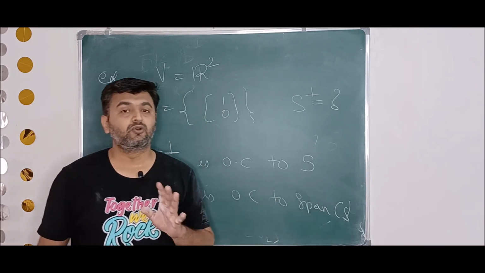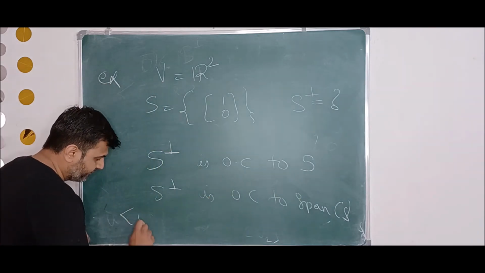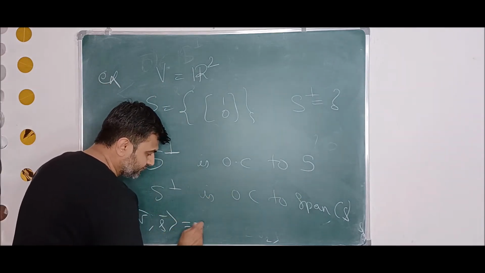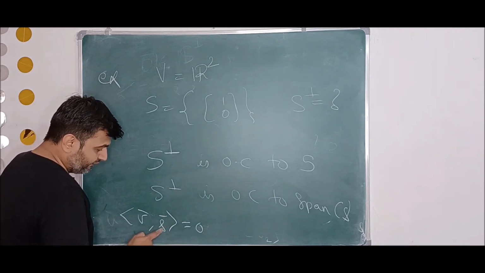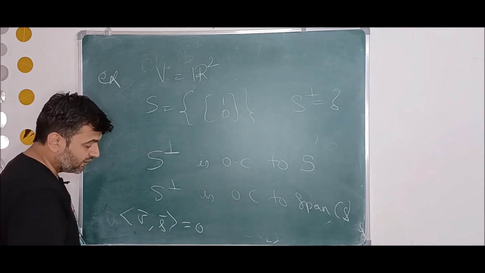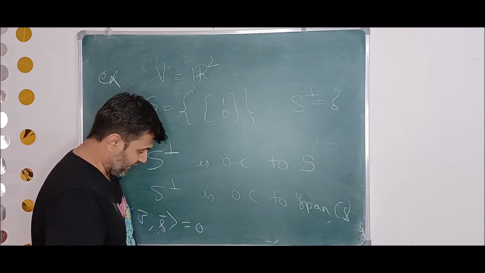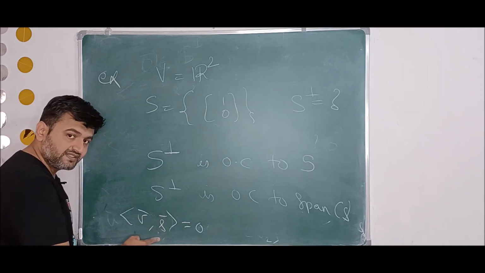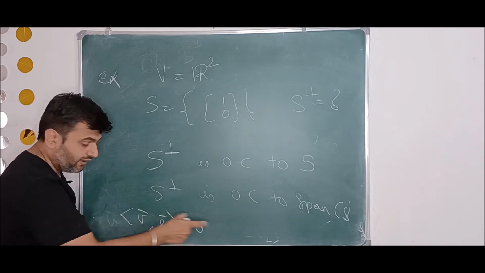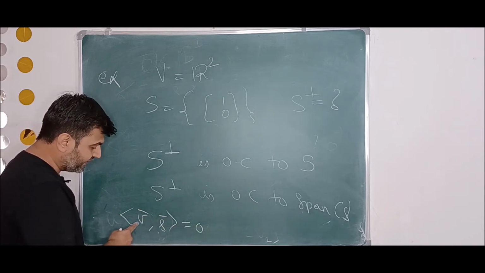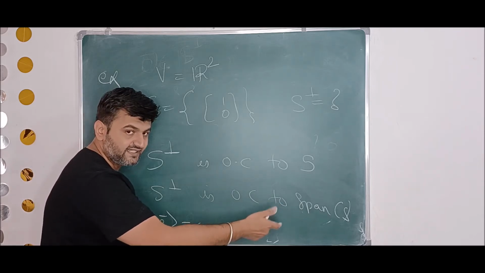Why? Now this is a homework for you. What you have to do is, your inner product of V bar comma S bar is 0 for all S bar in S. Now, if your S bar is in span of S, how will it look? It will be some linear combination of the basis vectors. Then you use the properties of inner product and use the linearity. Then this will get split. So you have V comma C1 S1 plus V comma C2 S2 plus V comma C3 S3 and so on.